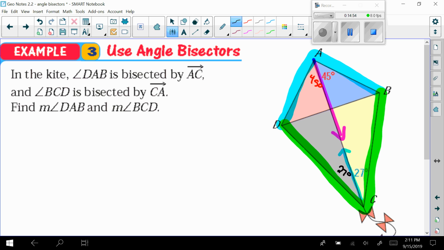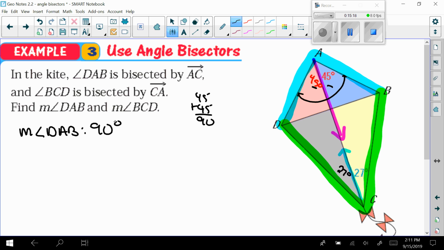Find DAB. So DAB is the whole angle over here, right? All the way across is DAB. So DAB would require me taking the two parts, 45 and 45, and adding them together. So 45 plus 45 is what? 90.